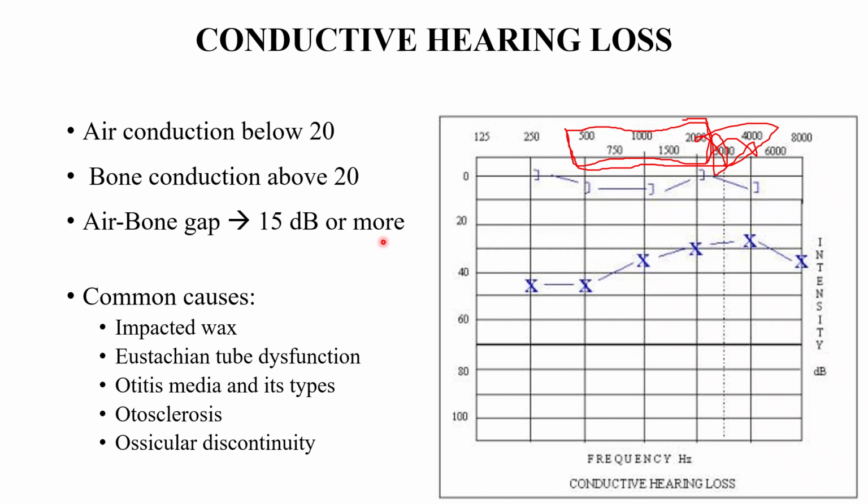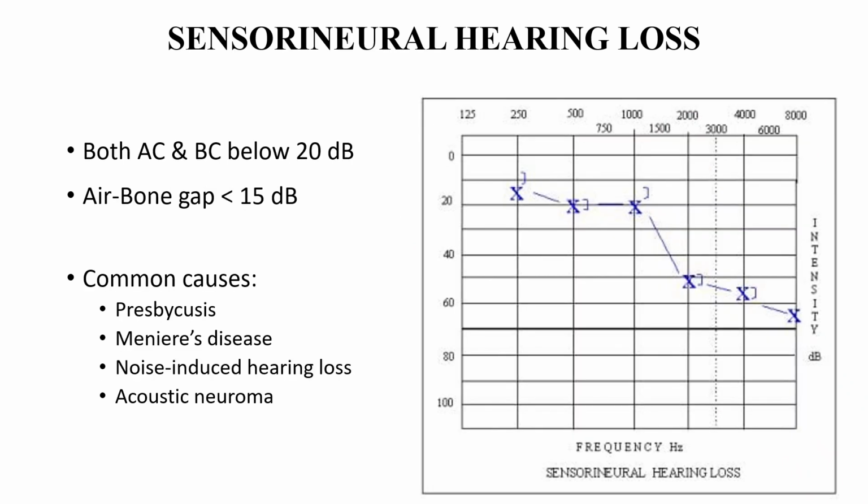And the second important point, the air bone gap should be 15 decibel or more. While for sensorineural hearing loss, both air conduction and bone conduction graphs should be below 20, and the air bone gap should be less than 15 decibel. So these are the two important points, for conductive and for sensorineural, to detect or interpret on an audiogram.